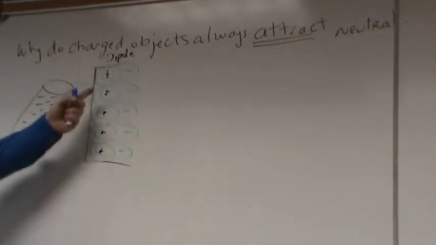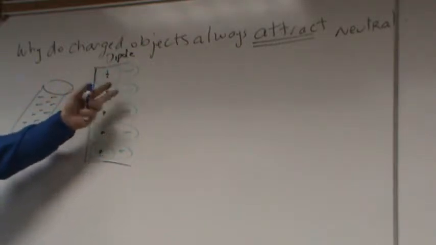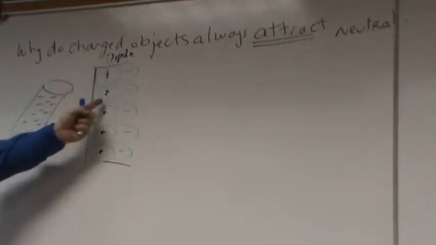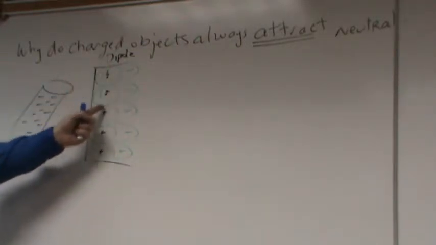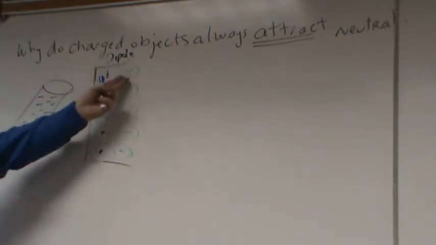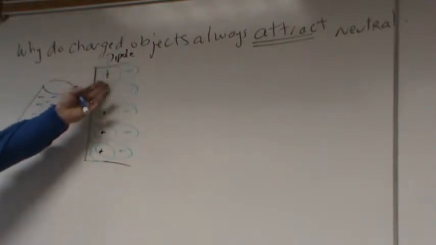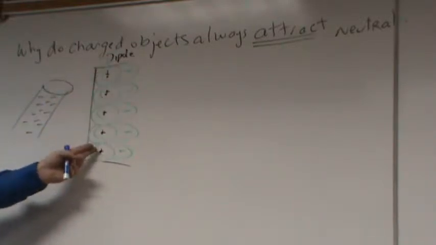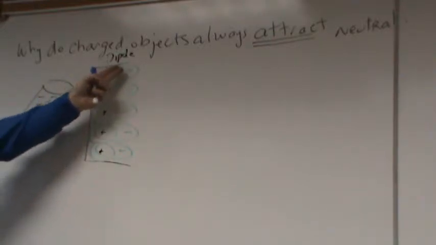But you tell me, let me just ask this. Why is it that the attractive force on the positive side of the dipole ends up being greater than the repelling force on the negative side of the dipole?